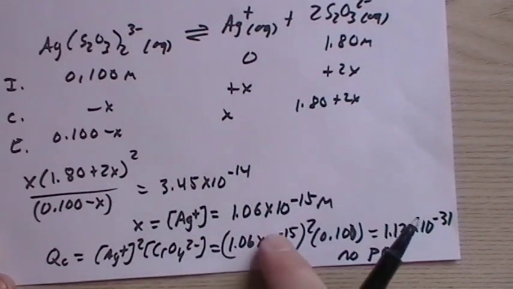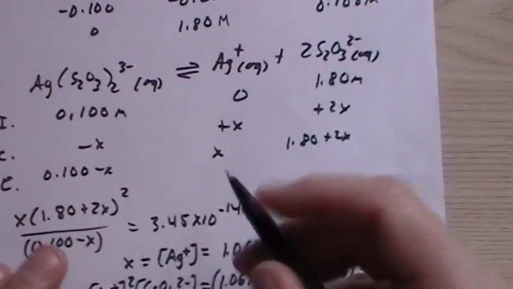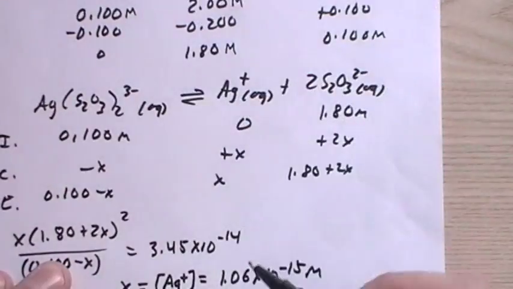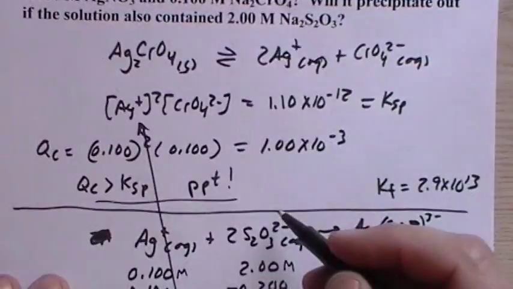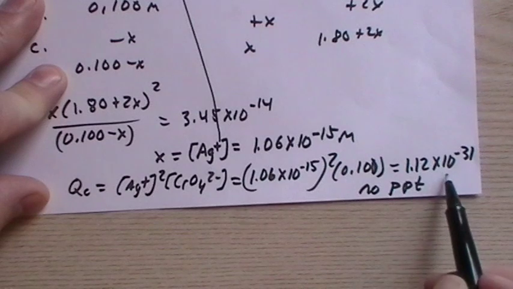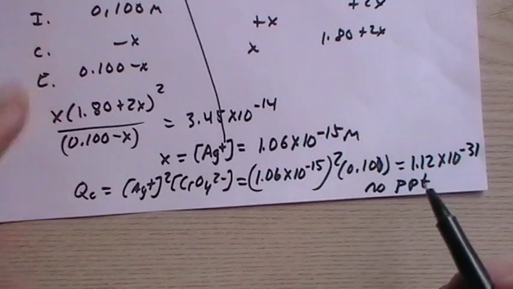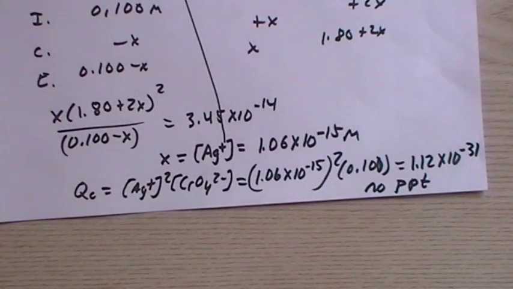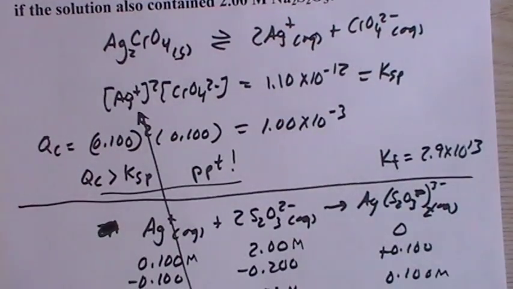We end up with 1.06 times 10 to the minus 15. And so instead of having 0.1 molar that goes up here, and we do the calculation down here, we end up with a very small number, no precipitate. So by adding that counter ion, that thiosulfate, we can keep silver from precipitating out. So that is that.